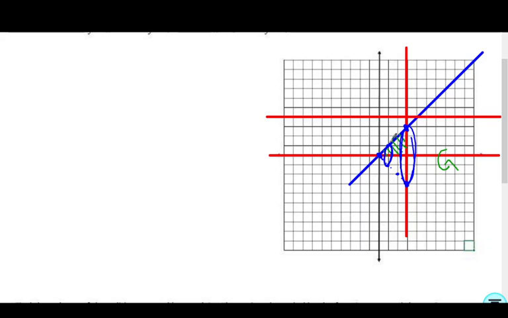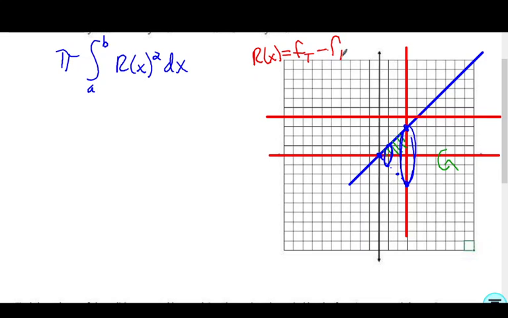And the equation that we're going to be using, since it's a horizontal revolution, looks like this: integral from a to b of r in terms of x, squared, dx, okay? Now, your radius, r in terms of x, is going to be your function on top minus the function on the bottom. If we look at one radius here, this right here is my r.